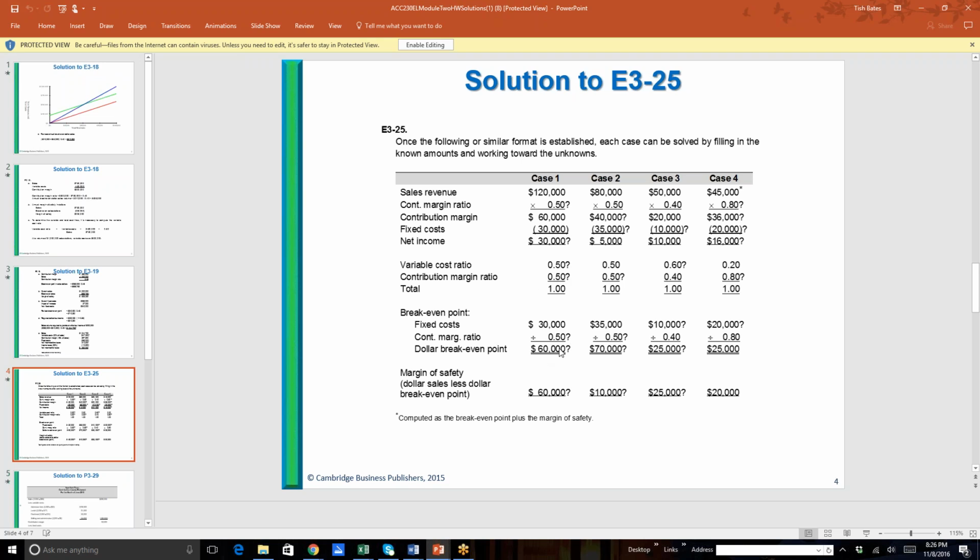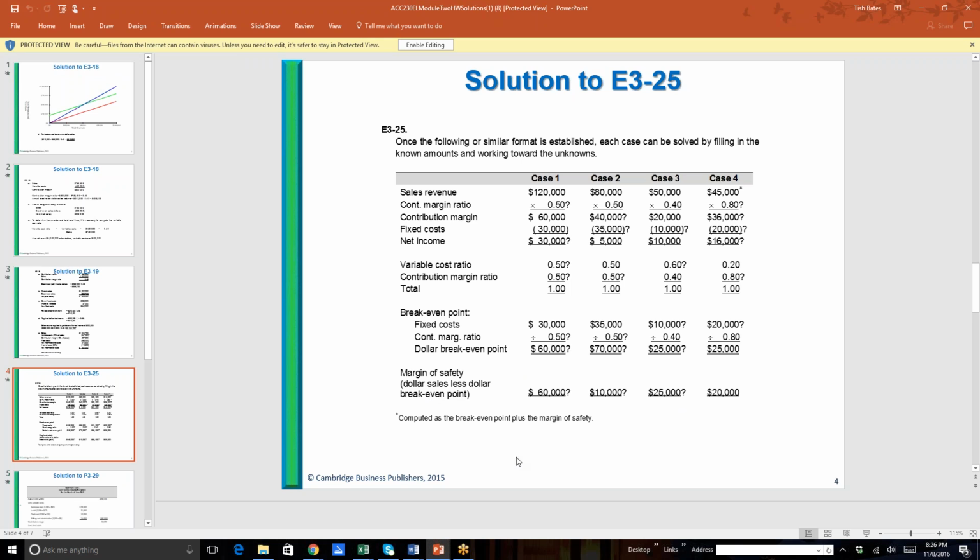And that's going to give us our break-even point of 60,000. The margin of safety is the dollar sales less the dollar break-even point. So the sales revenue minus this break-even point dollar is going to be our margin of safety.